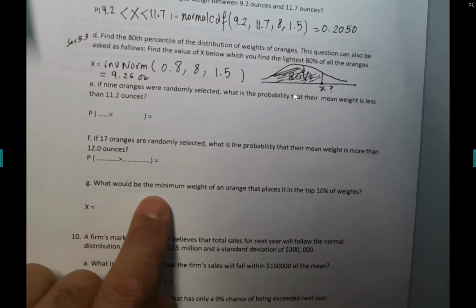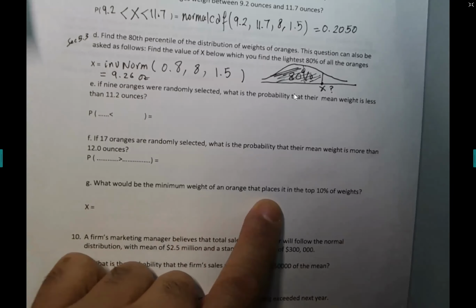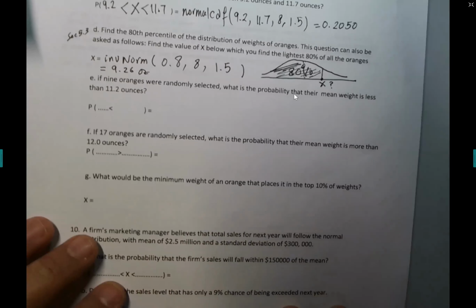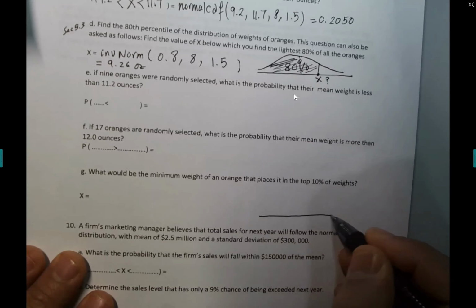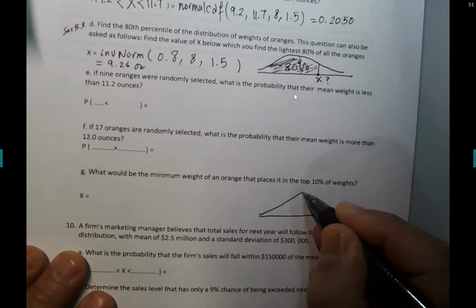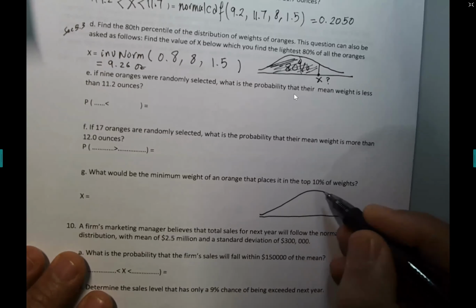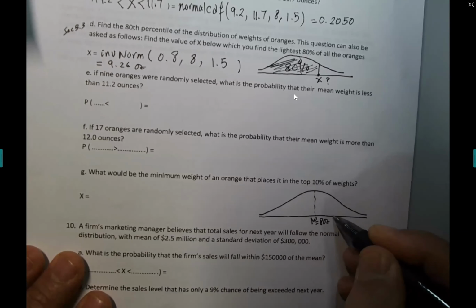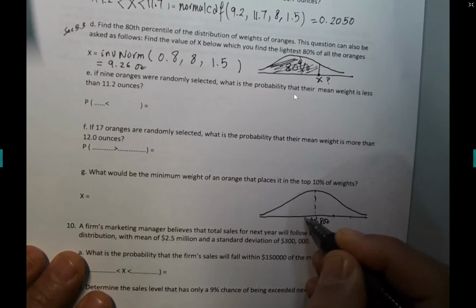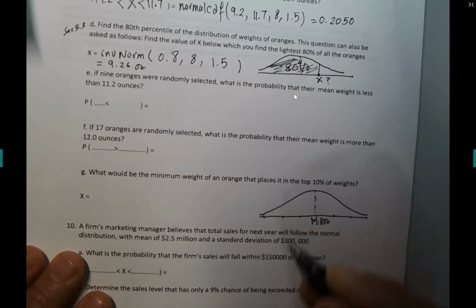So that will be a segue to section 5.4 from here. What would be the minimum weight of an orange that places it in the top 10% of weights? So top 10%. You draw the normal curve, you draw the mean, which is what, 8 ounces. And then the standard deviation, 3 standard deviations from this side and 3 standard deviations from that side.